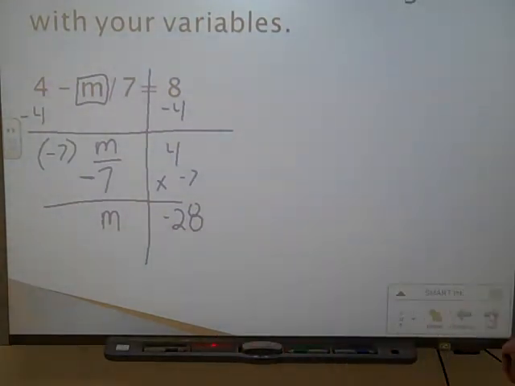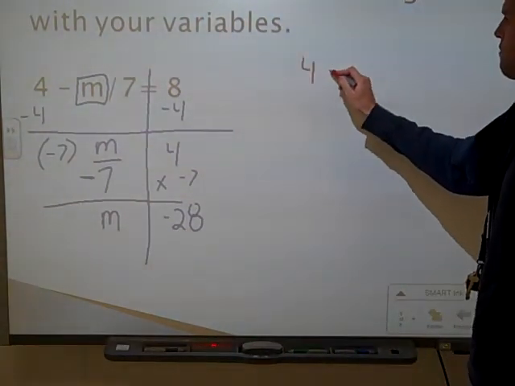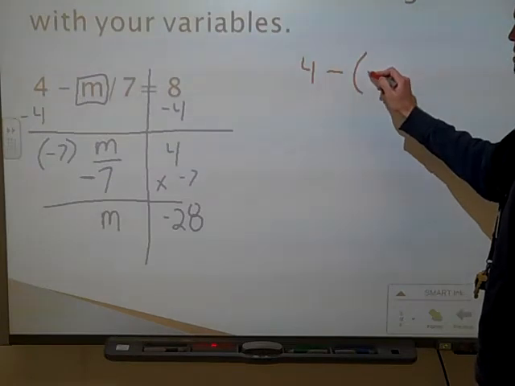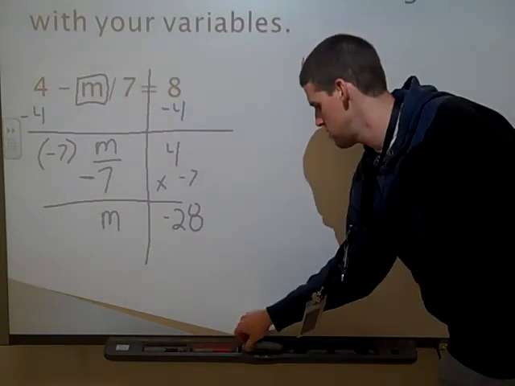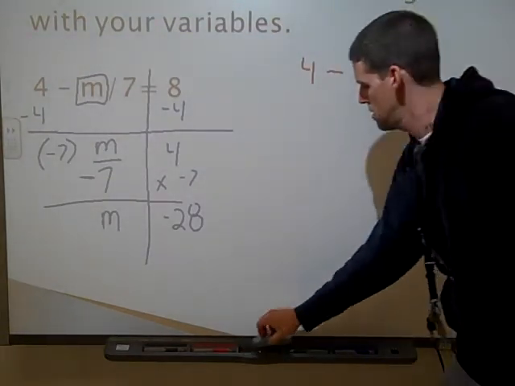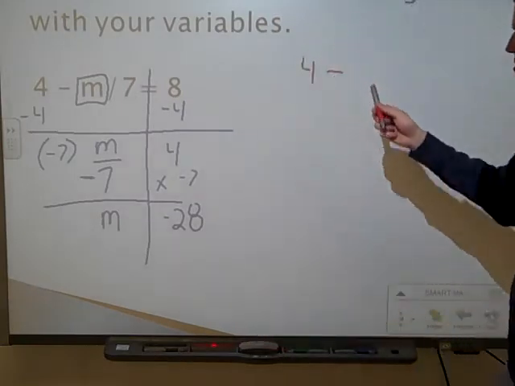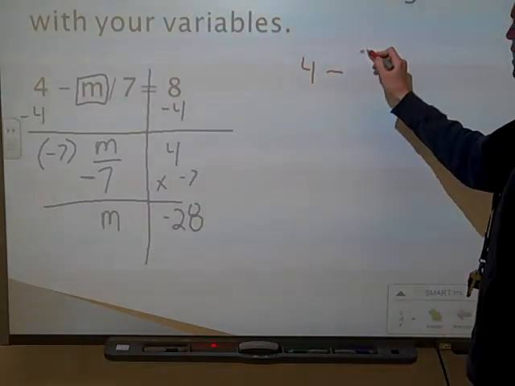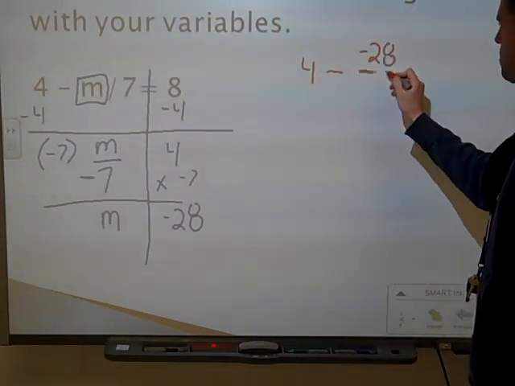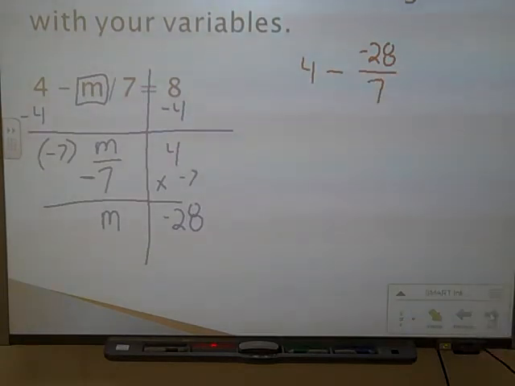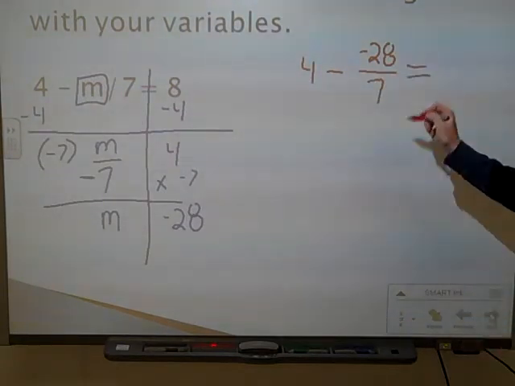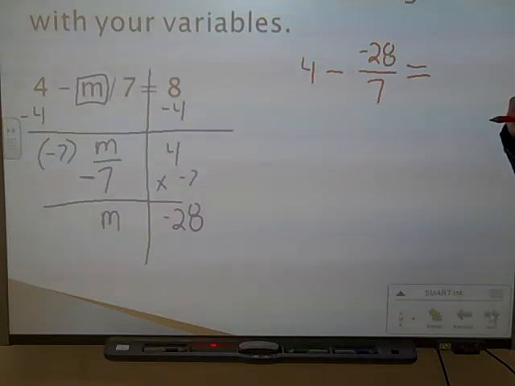Let's go ahead and check to see if it works. So I have 4 minus, and I'm going to keep my minus there, and I'm going to put negative 28 up top here, and then divided by 7. I'm going to go ahead and do my division first. That's my negative 28 divided by 7.